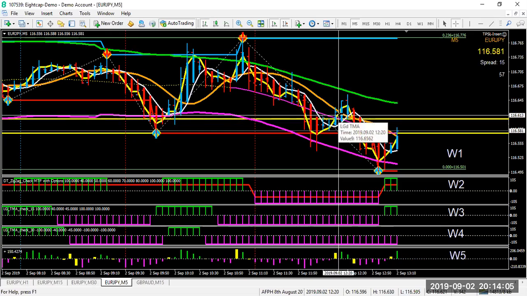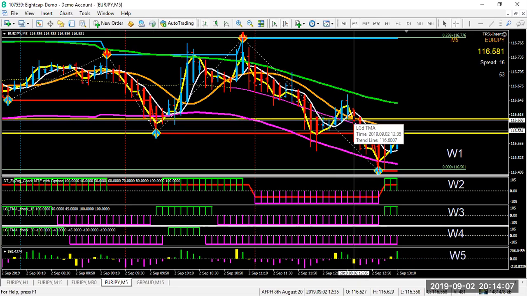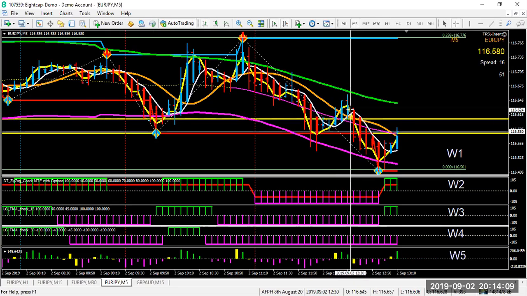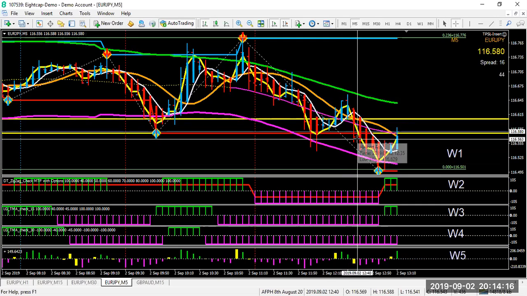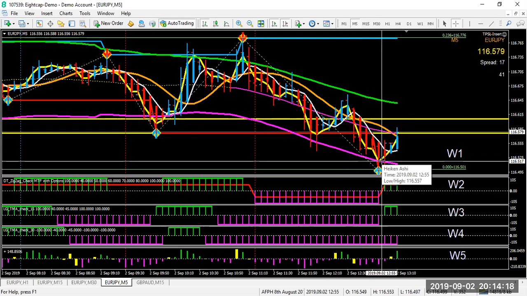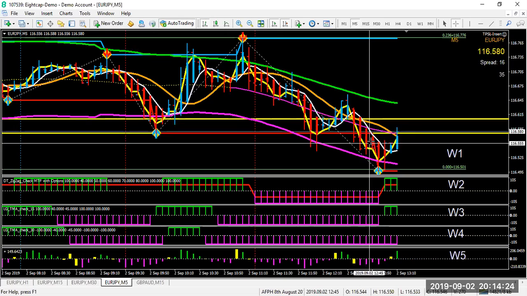And then we can see, once again, we got an early indication that price is ready to resume as it crosses below the white line, yeah. And we can see, once again, that yellow being below white.